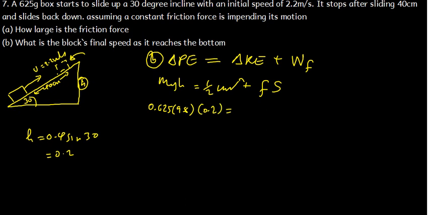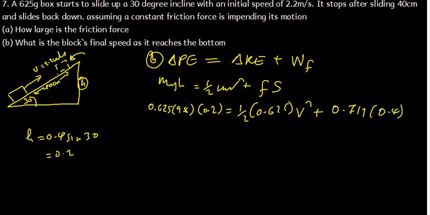And that should be equal to half, the mass 0.625, v squared. Work done by friction: we already calculated the friction as 0.719, and then the s, which is the displacement, is still 0.4, because it wants to cover the same distance coming from the up to the down.